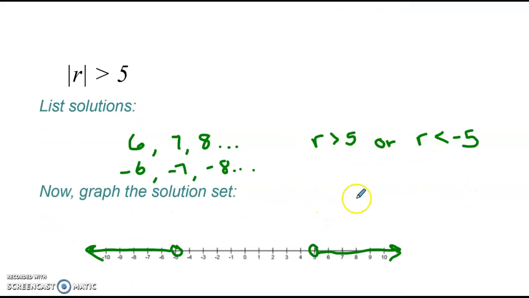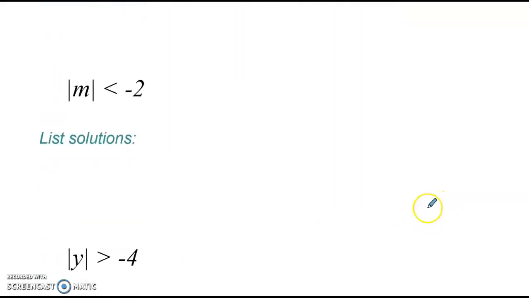Now, before I leave you here, I'm going to leave you with 2 quick examples. These are just little shortcuts to problems we sometimes see. For anything like this, where it says the absolute value of m is less than negative 2, this is actually a trick question. Whenever you see a statement like this, where it's a less than sign, and the value that it's less than is a negative, there is no solution. In fact, I challenge you to think of one.